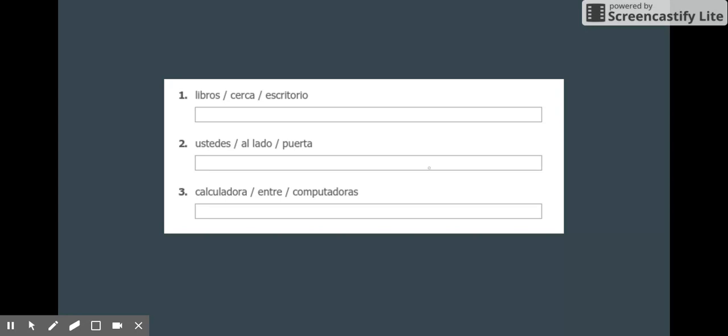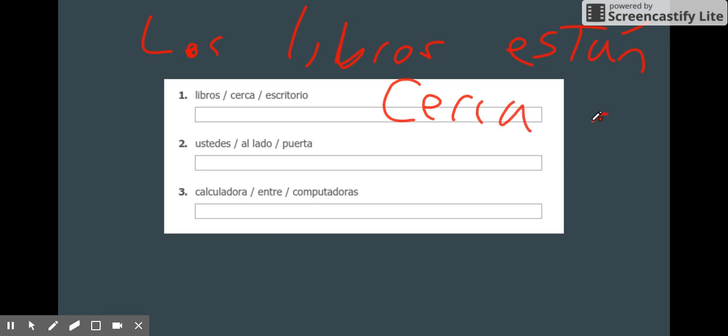So in this case, los libros están cerca del escritorio. Los libros están cerca del escritorio.